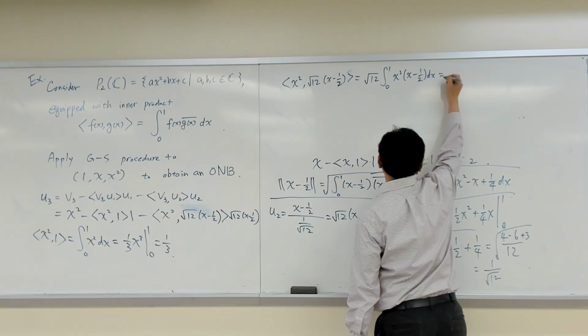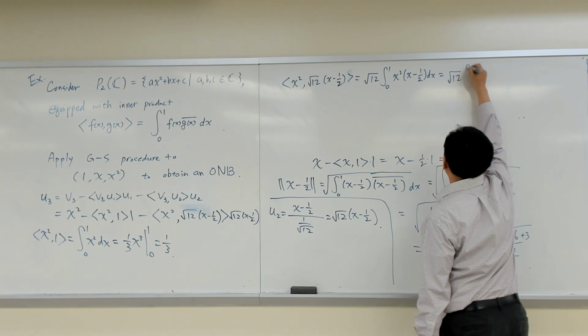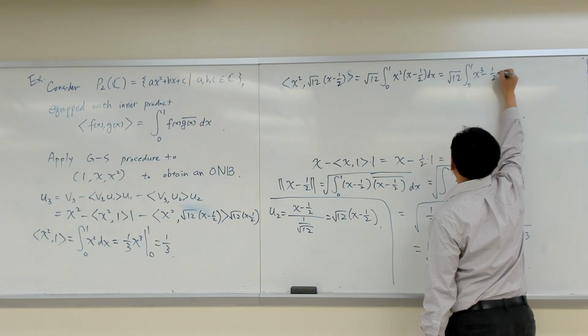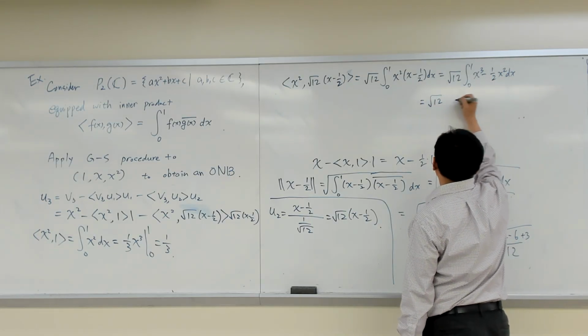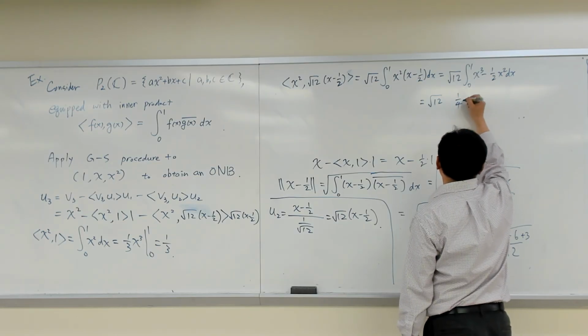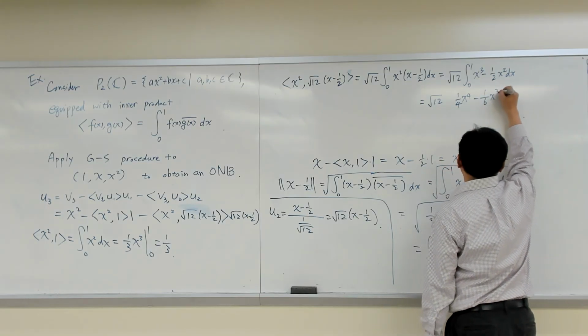So let's keep going. And that's going to be square root of 12, 0 to 1, x cubed minus 1/2 x squared dx, which is square root of 12. You get 1/4 x to the 4th minus 1/6 x to the 3rd.